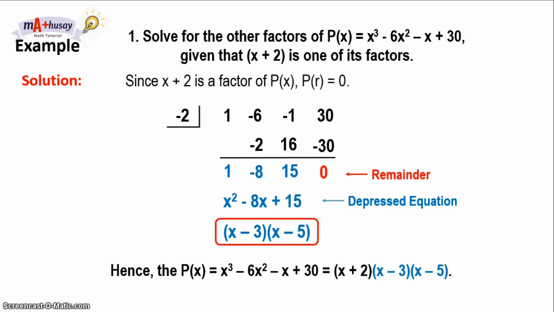Hence, p of x equals x cubed minus 6x squared minus x plus 30 is equal to x plus 2 times the quantity x minus 3 times x minus 5. So in this case, the other factors are x minus 3 and x minus 5. Clear? Let's have another example.